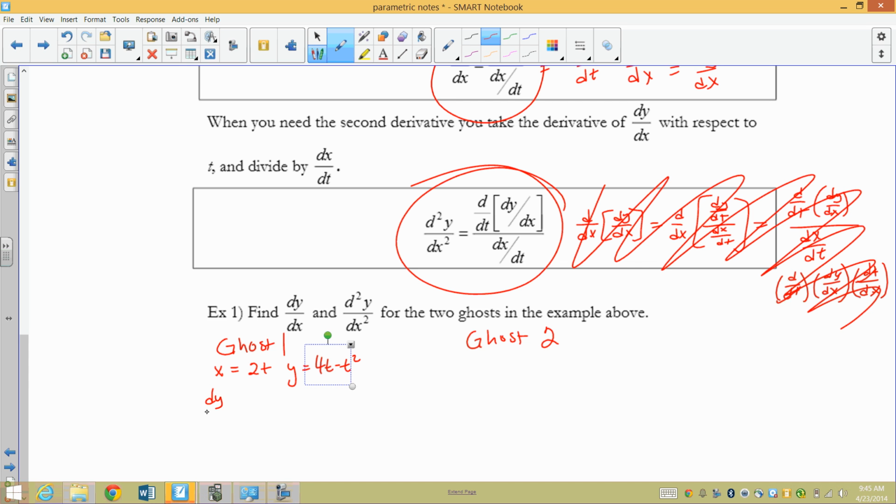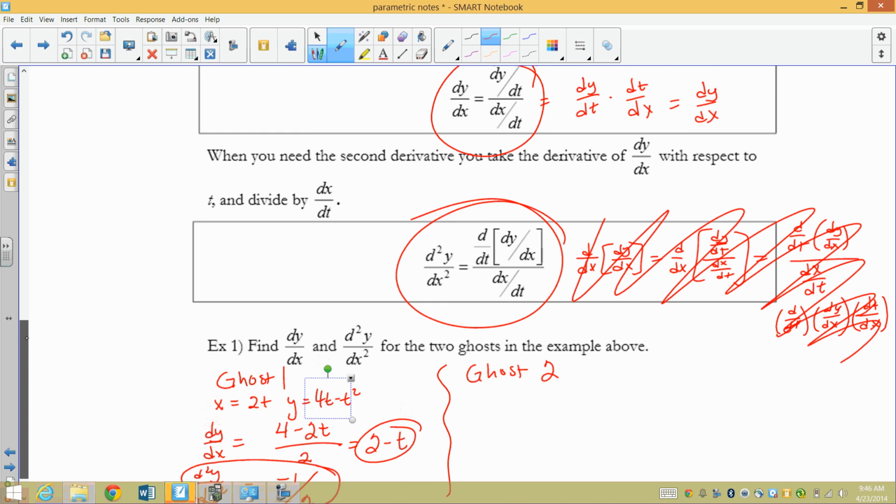If I want dy/dx, I do dy/dt, which is 4 minus 2t, divided by dx/dt, which is 2, and that simplifies down to 2 minus t. There's dy/dx. If I want d2y over dx squared, I take the derivative of dy/dx with respect to t, that's going to be negative 1, and divide it by dx/dt, which is 2.